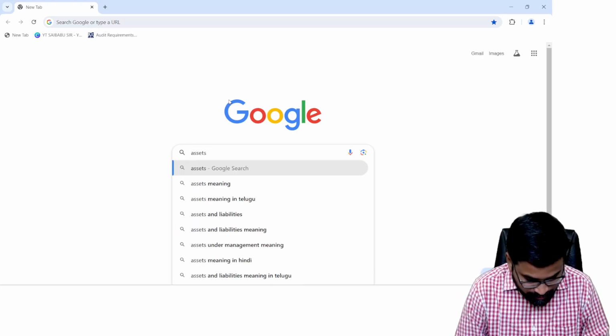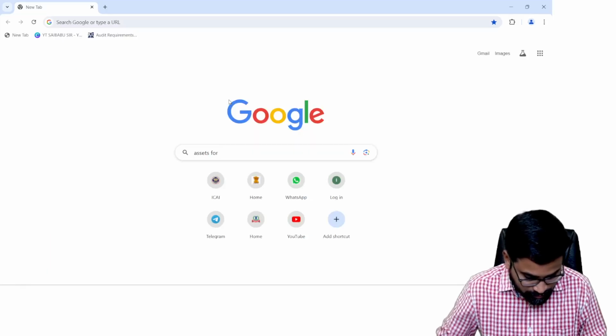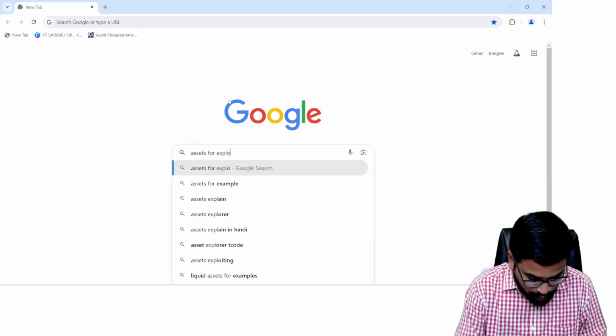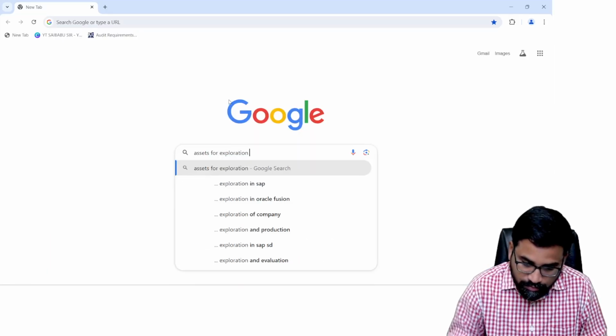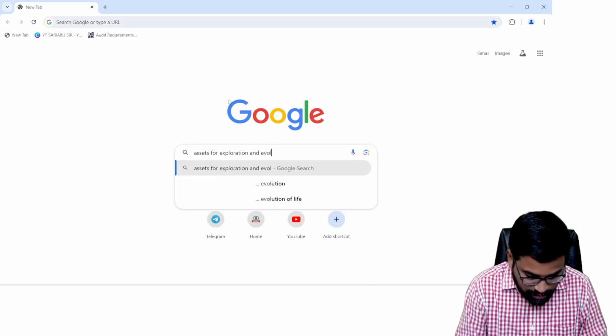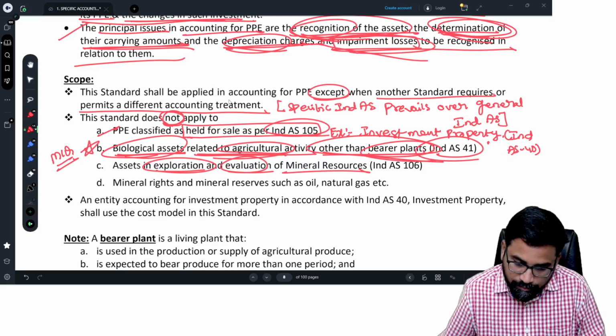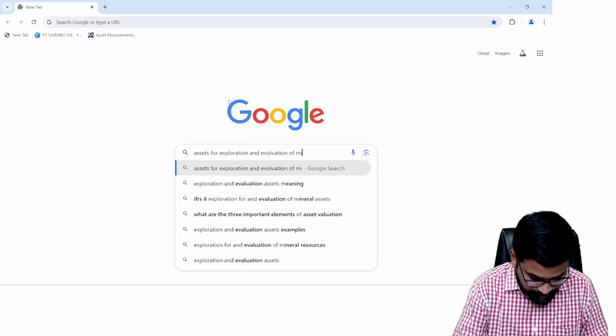Assets for exploration and evaluation of mineral resources.